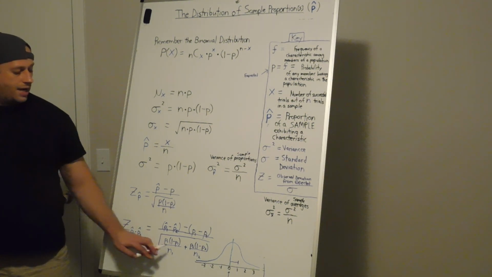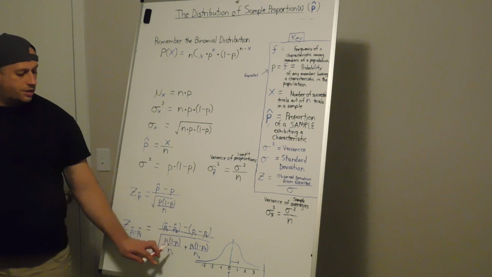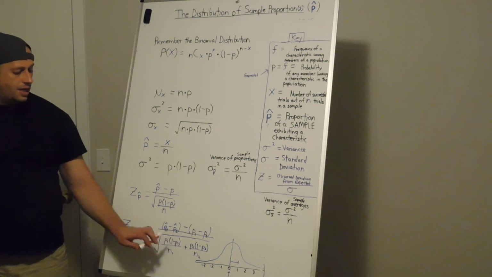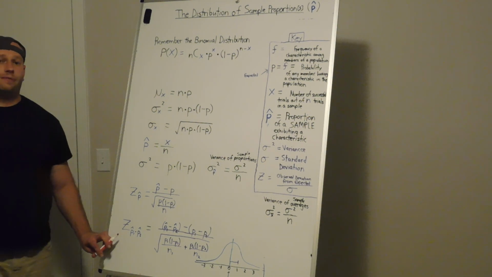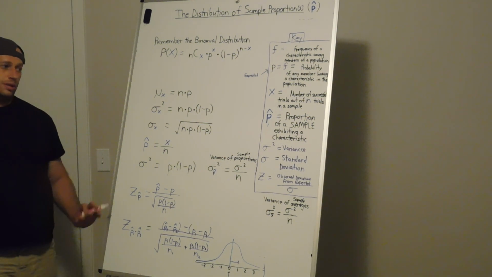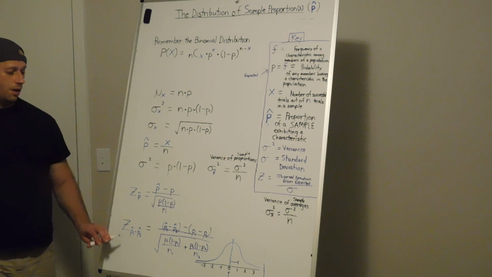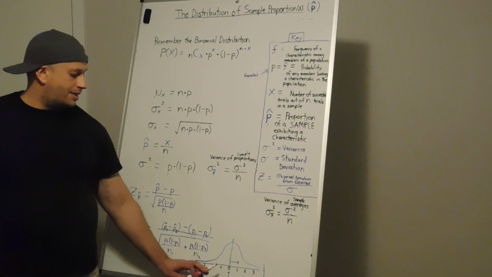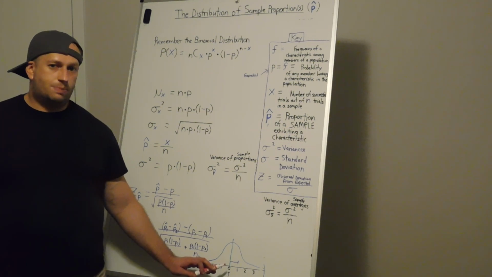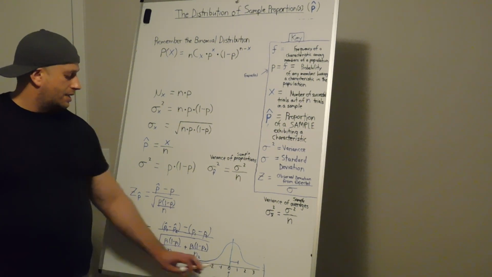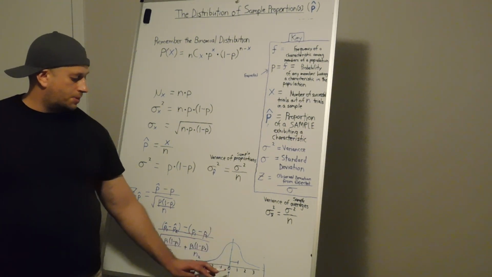So we add those together, take the square root of that, we get the standard deviation here, and when we do that, we still get a z value. We get a z value for having that difference in proportions instead of the difference in means, like I talked about before. Then again, we can plug that in and compare it to the expected difference of the proportions.